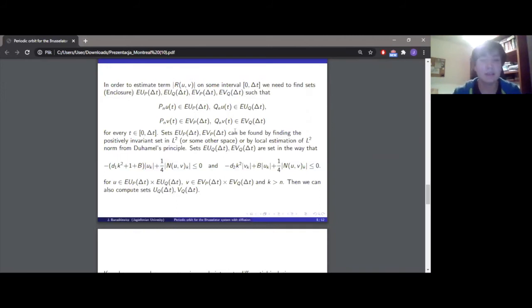Okay, and sets for the tail are set in such a way that these equations hold, and because this comes from the system, if this equation holds for every u in this set, then this will be an enclosure, and we need to check this inequality for k greater than n.